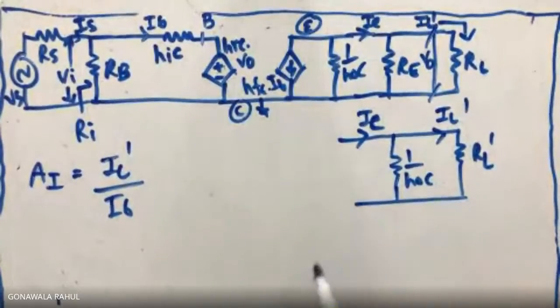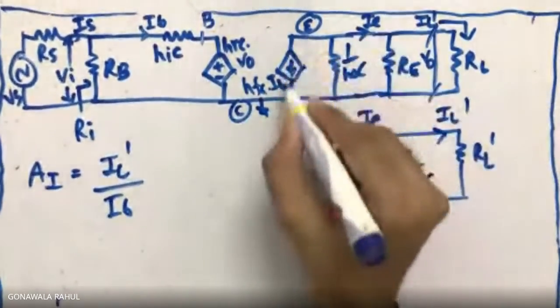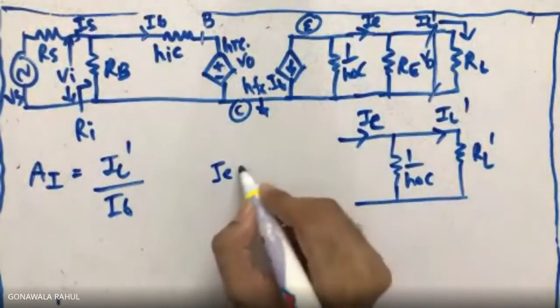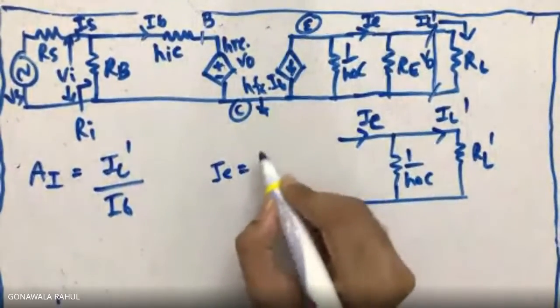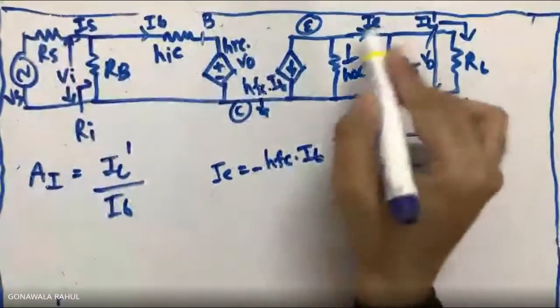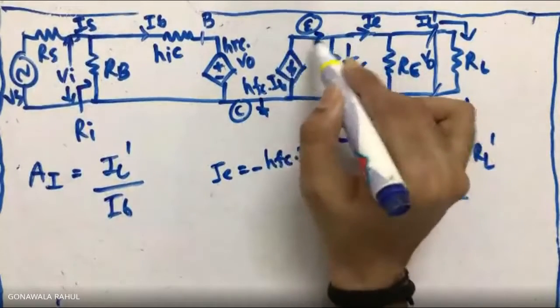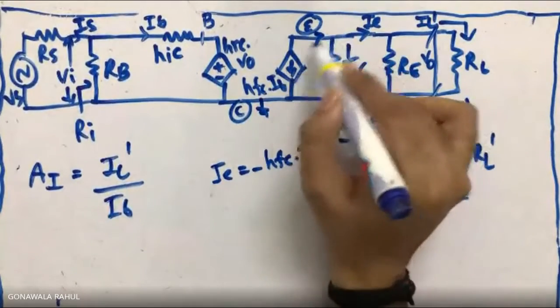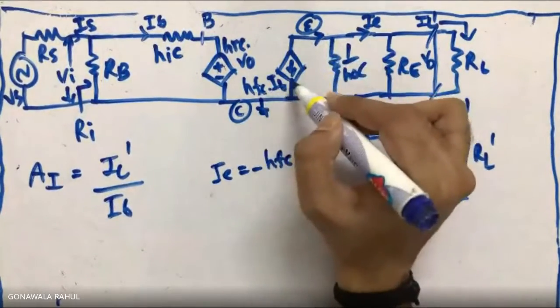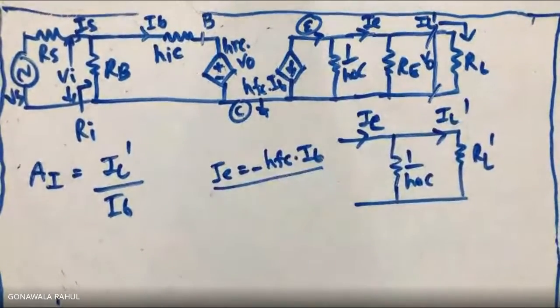Now I am applying the current divider rule. First of all, what is IE? IE is equal to minus HFC into IB. Why? Because see, this is IE and both directions are reverse. So IE is actually HFC into IB but in the reverse direction. So I am putting IE equal to minus HFC into IB.